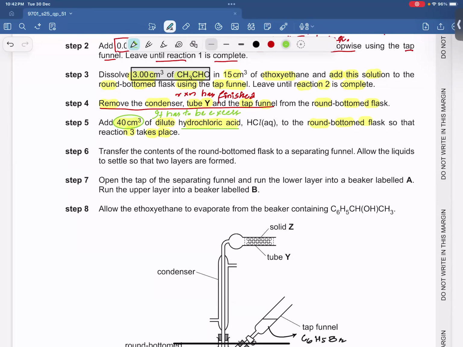Second thing, this HCl is used to donate hydrogen ions. And these hydrogen ions can also react with magnesium.